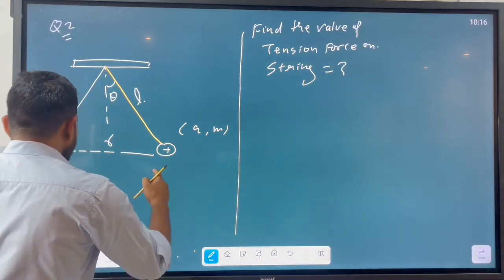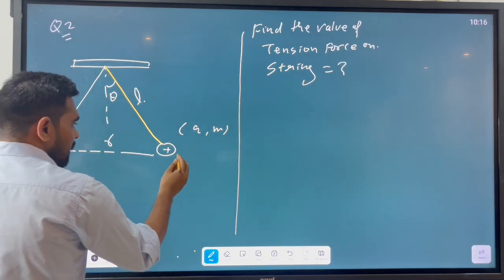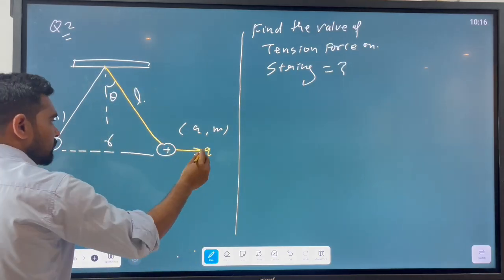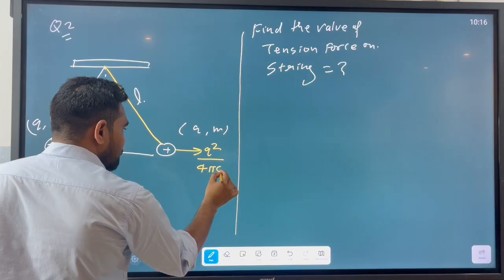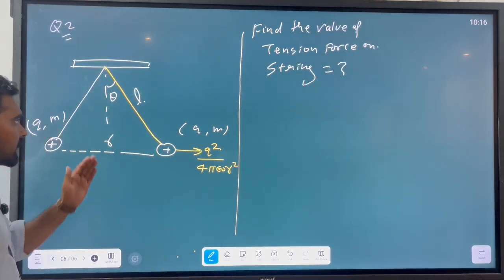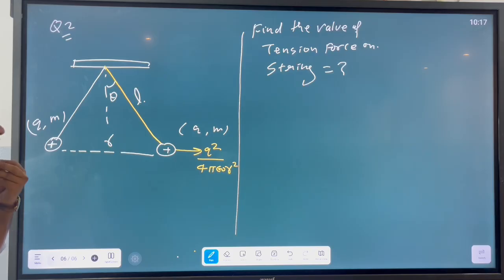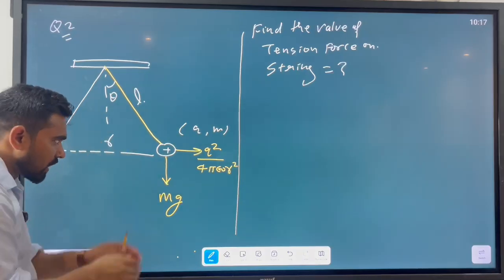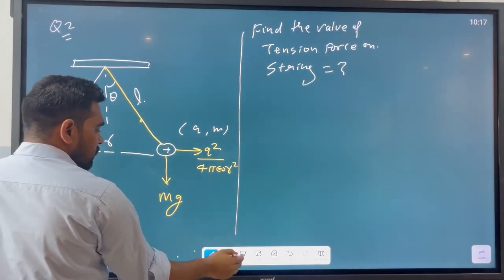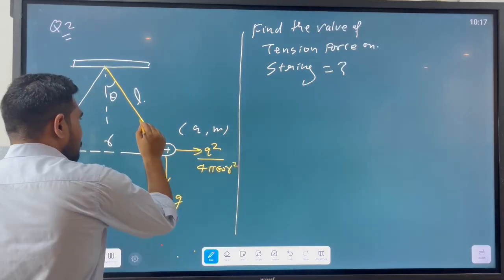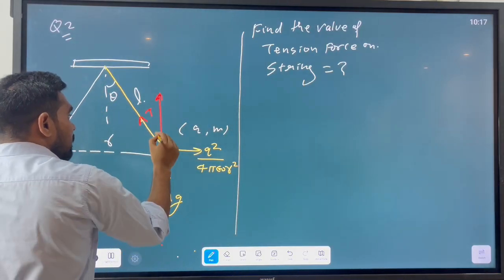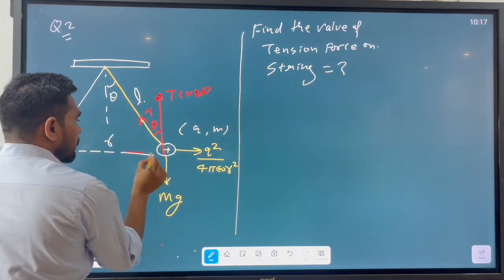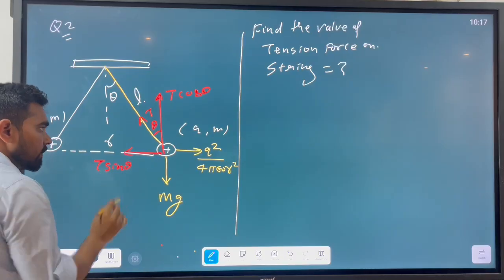Both charges are positive and repel each other, and the repulsion force is q1 times q2, and since both charges are q, q squared divided by 4 pi epsilon naught r squared, where r is the separation distance between both charges. The weight mg acts vertically downward, and we divide the tension force into components: T cos theta and T sin theta.